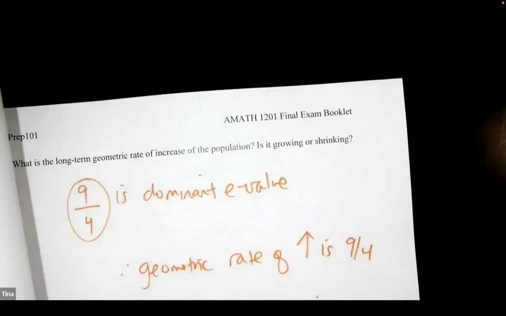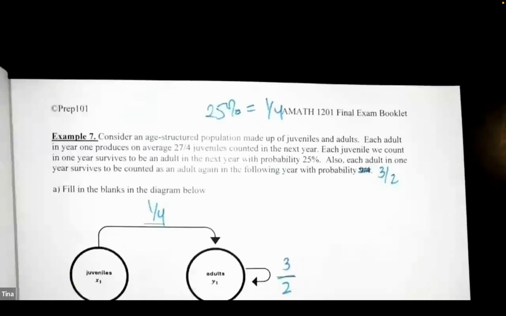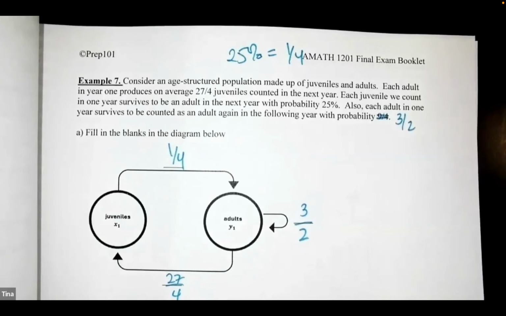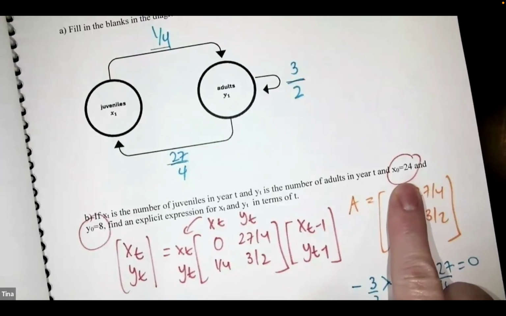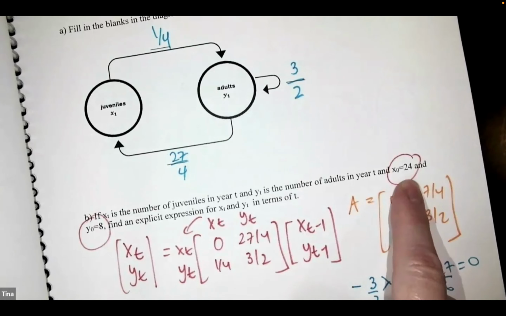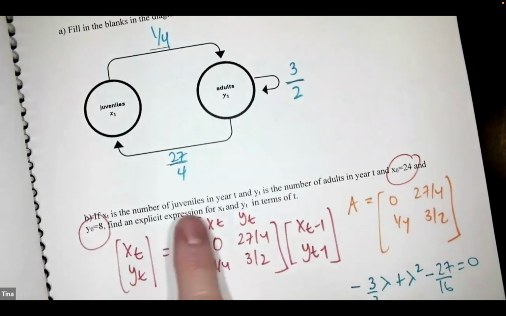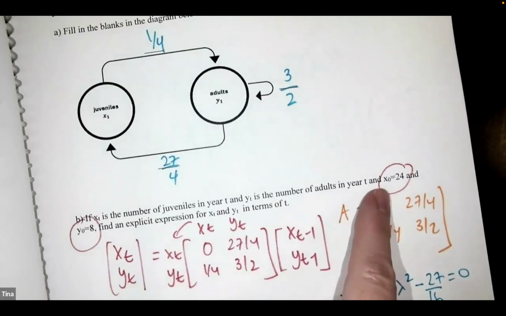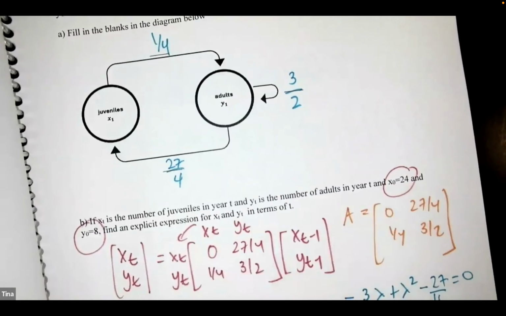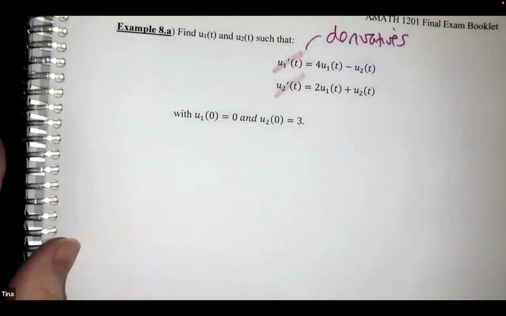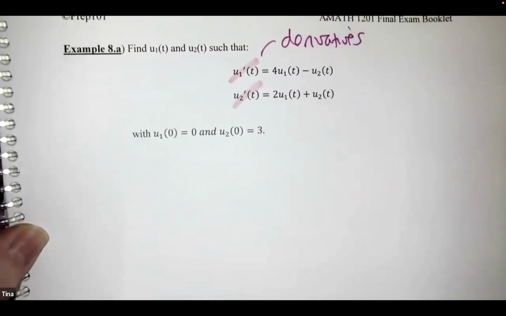If they give you an initial condition, then you would solve for x naught. I just don't have time to go through all this, right? Because the session's basically over. But yeah, same thing we did in all the other examples. I think we've done like 5 of them now. So put your x naught, y naught in and find your constants.